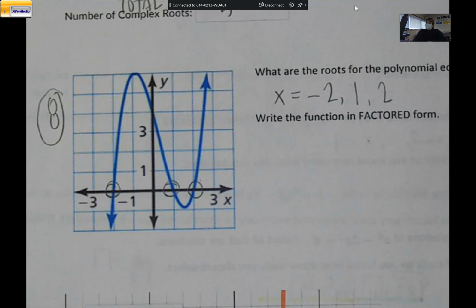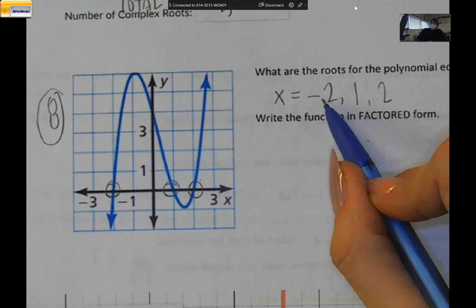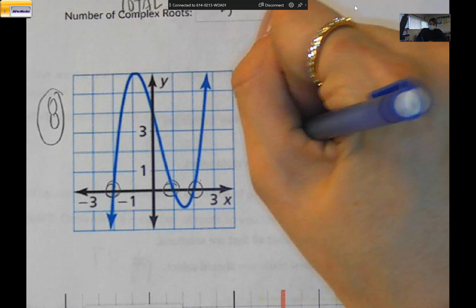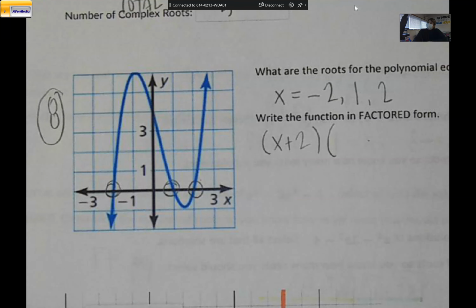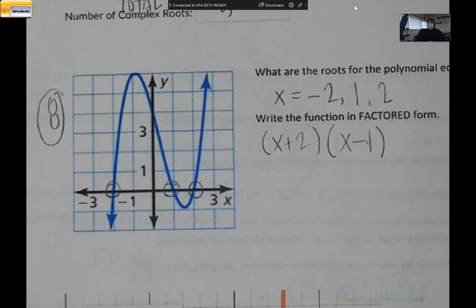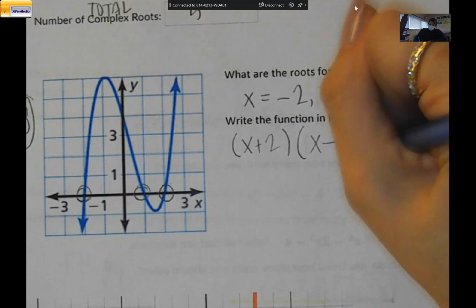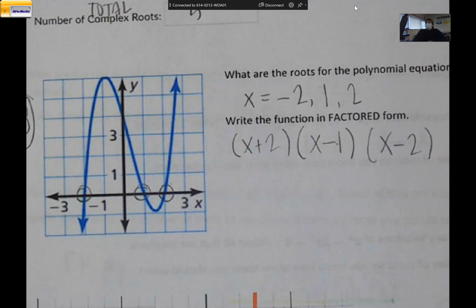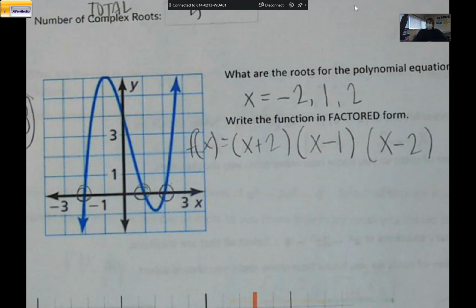So if we're going to write that in factored form, well, x is negative 2 started out as x plus 2. X is 1 started out as x minus 1. X is 2 started out as x minus 2. That's it. That is factored form.